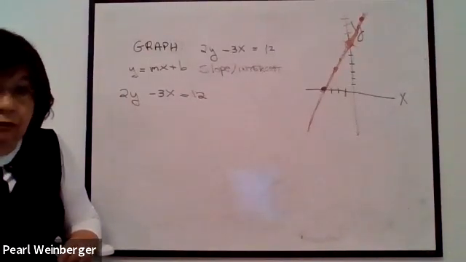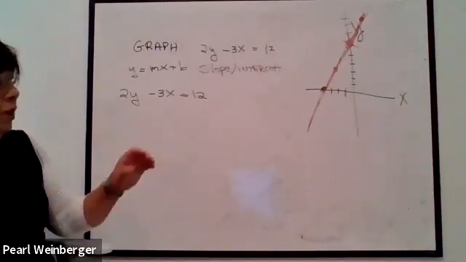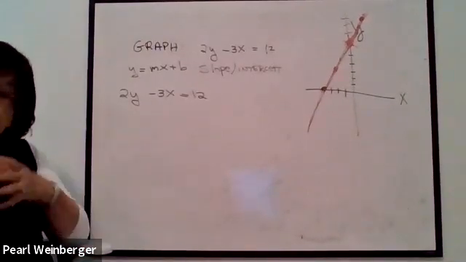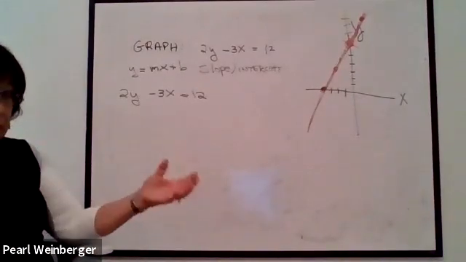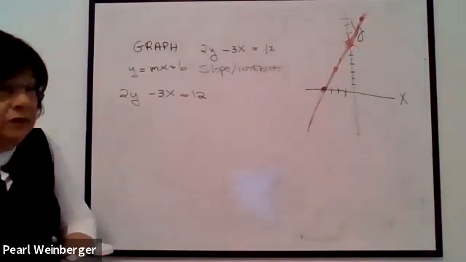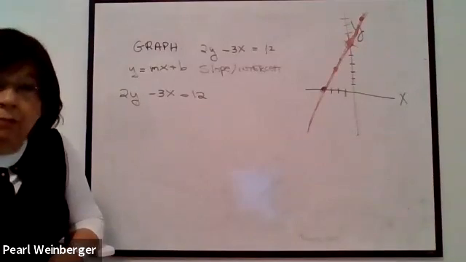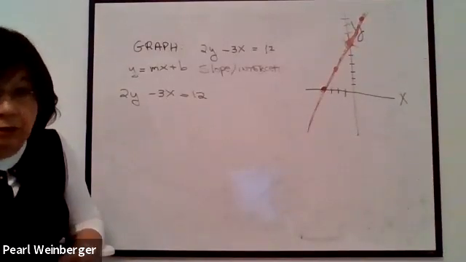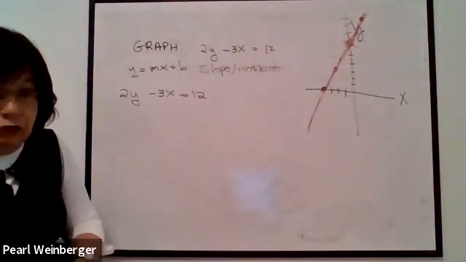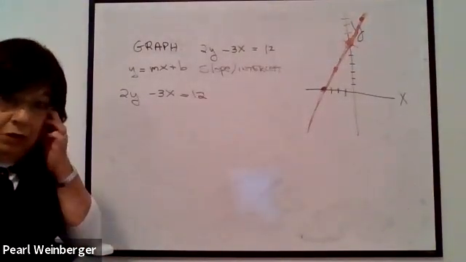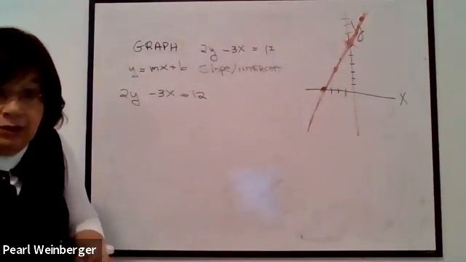As a matter of fact, a little bit later in the course, we're going to be talking about graphing other types of shapes like circles or ellipses or parabolas. You don't have to know what they are right now, but they're not straight lines. You know what a circle looks like, an ellipse looks like an oval, so those are not straight lines. One of the things we're going to be very interested in finding on those graphs is the intercepts.